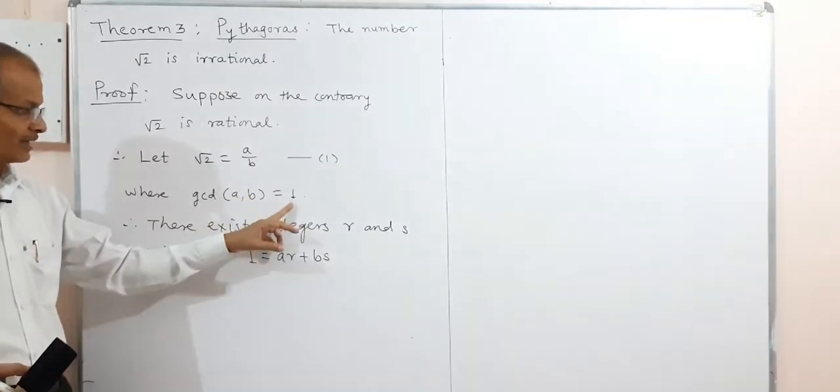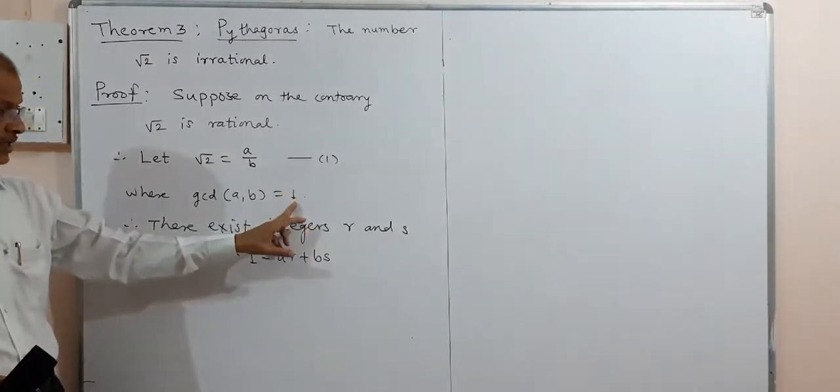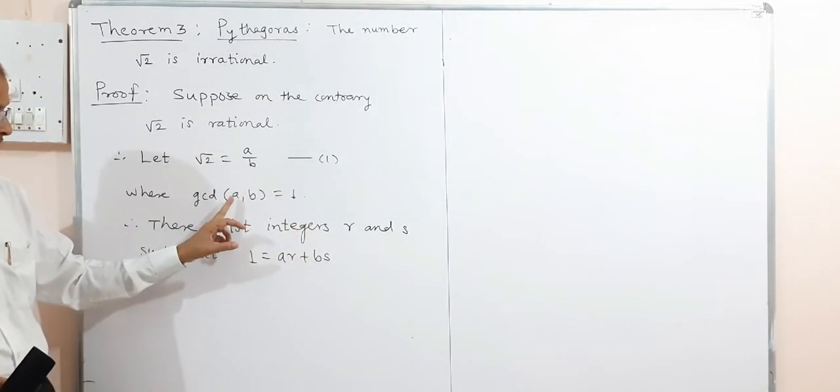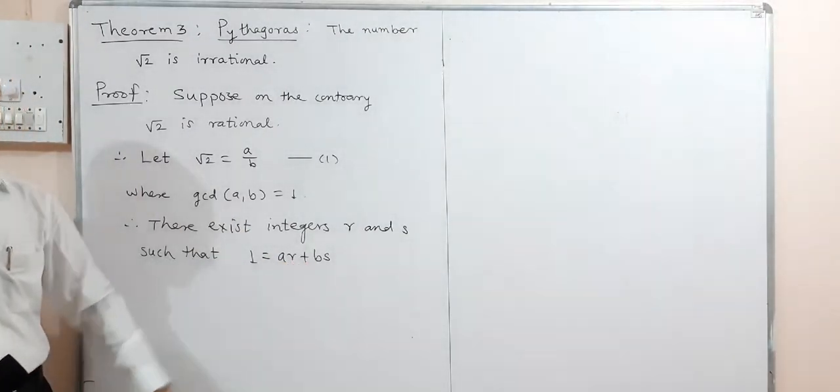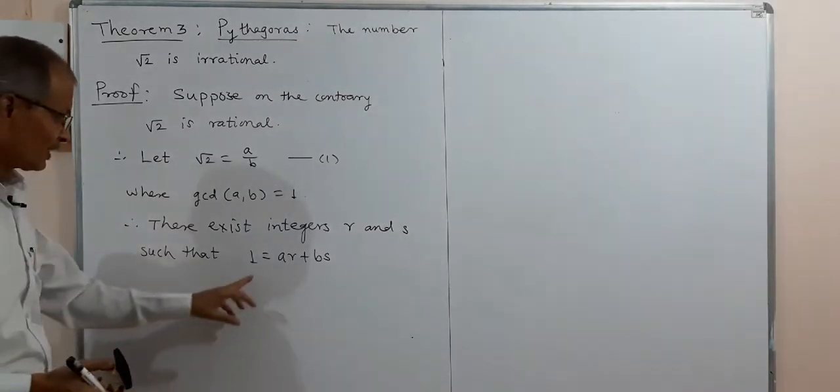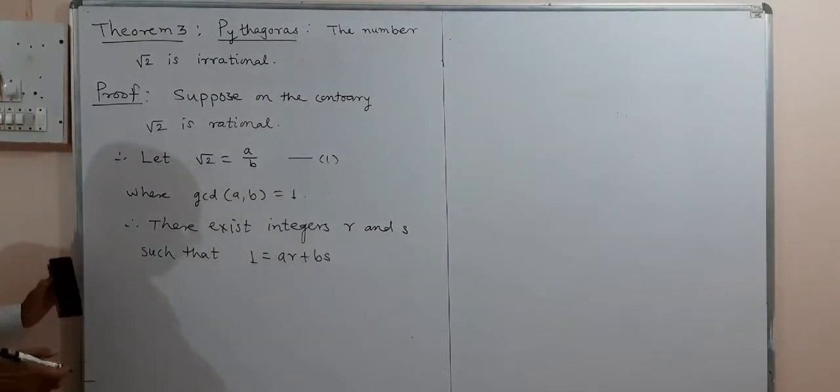The greatest common divisor, whatever it may be, if it is D, then D can be written as AX plus BY. Instead of X and Y, we have used R and S. So 1 is equal to AR plus BS.